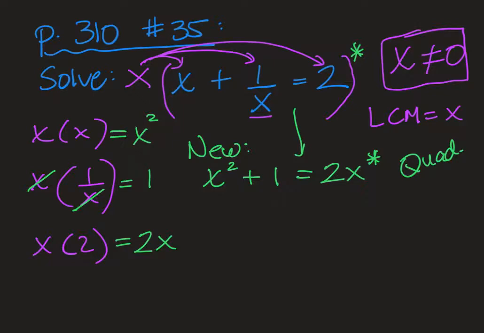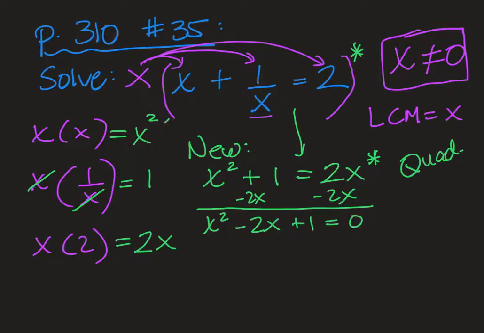So I'm going to bring over the 2x. I'm going to put it actually right in the middle because no matter what method we choose, we like to have it as our quadratic term, and then our linear term, and then our constant. Let me just draw a little line here so we can keep those separate.